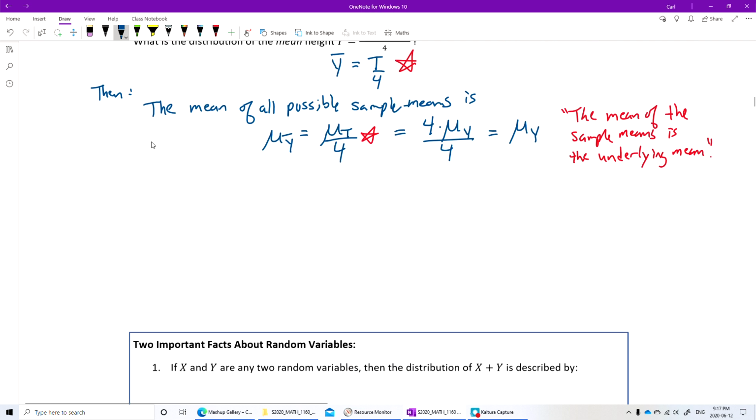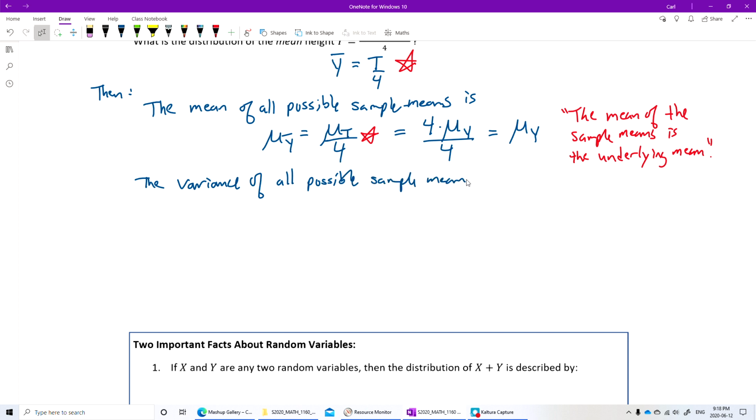Okay, and then the last thing was the variance. The variance of all possible sample means is, so it's sigma squared of y bar. Now, this is not quite what you are going to expect here. So here's what it is, and then I'll tell you why.